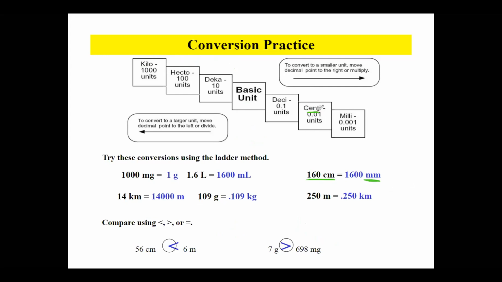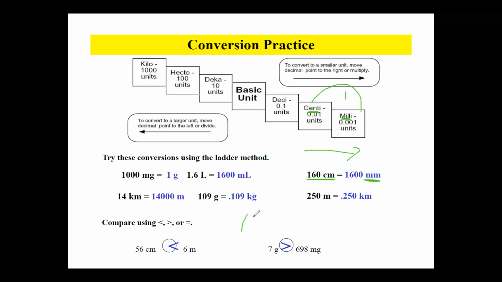Our starting unit is centimeters, which is right here, and our ending unit is millimeters, right next to it over here. First we count our jumps. From centimeters to millimeters, we're only making 1 jump, and that jump is to the right on the ladder.